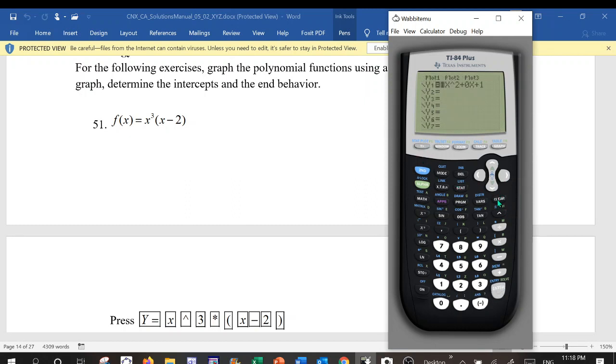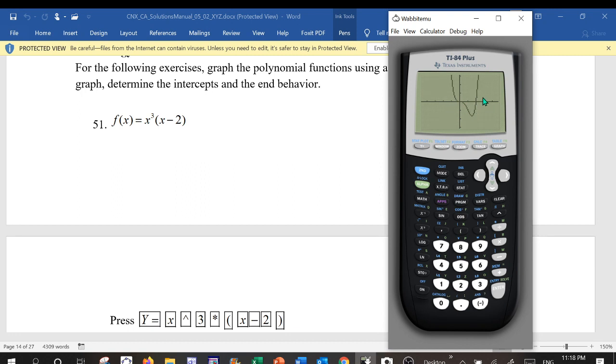And I'm going to just put this function in there, x to the third power, and then times x minus 2. And then we're going to go to zoom 6 first. See if you can see a graph. Yes. What about zoom 4? Kind of a better graph, right?